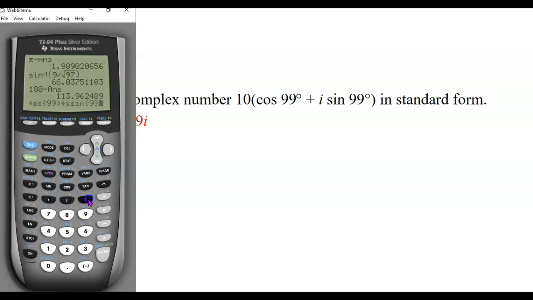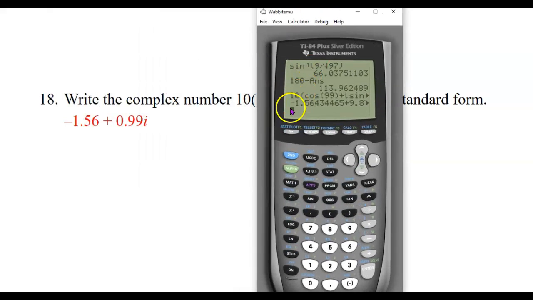Whoops. So that does show up as negative 1.56, and then some more digits after that, plus 9.987 something times i. So it looks like I made a mistake.